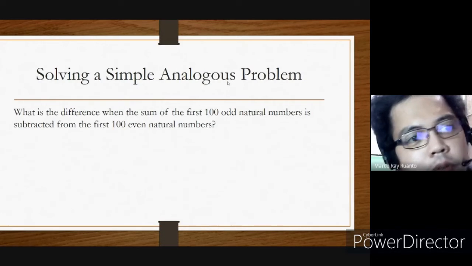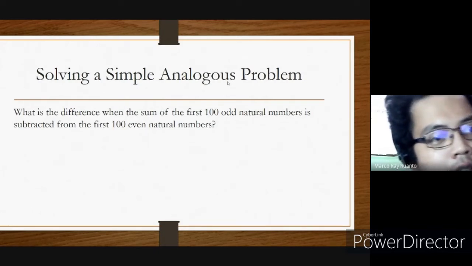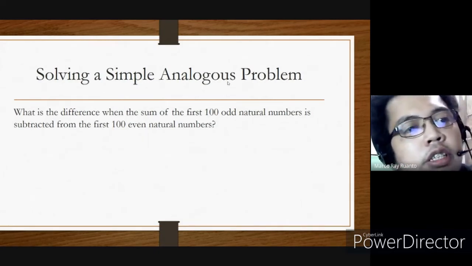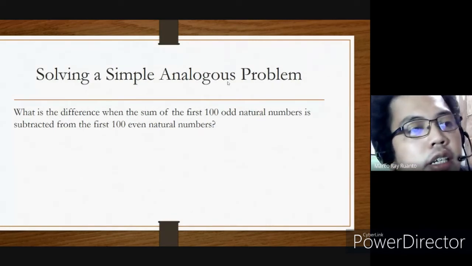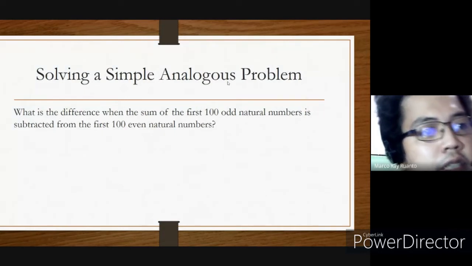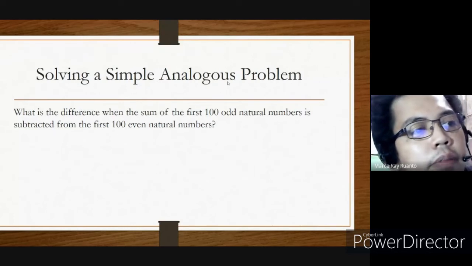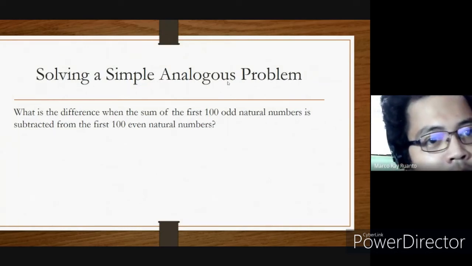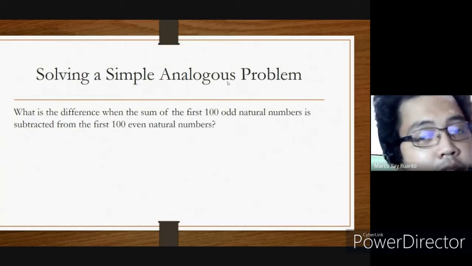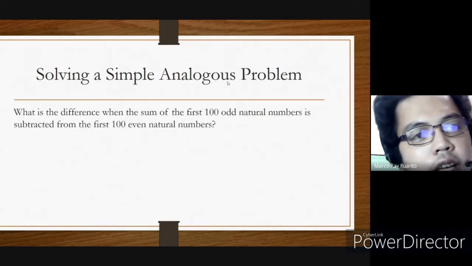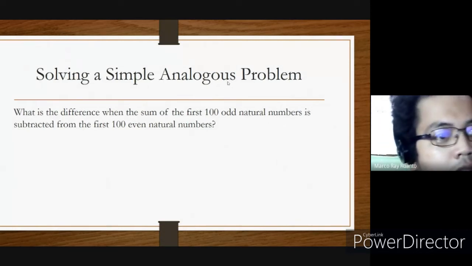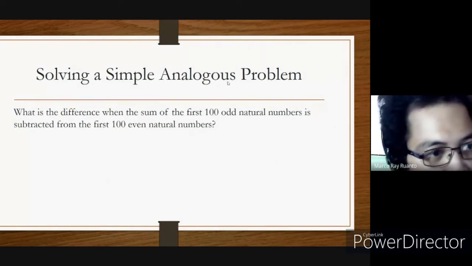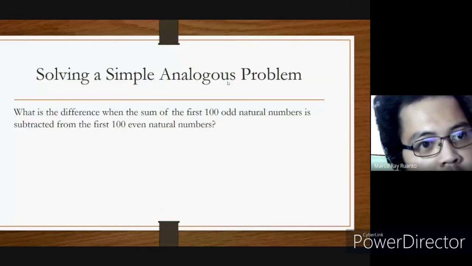Most of you would answer this in this manner: you solve the sum of the first 100 odd numbers and the sum of the first 100 even numbers, and from there you subtract. But there is a much simpler way of solving this problem other than what I mentioned earlier.